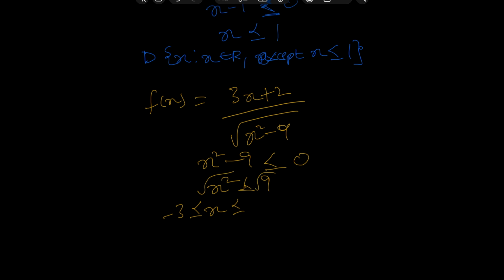So after finding square root of both sides, plus or minus 3. So that the domain will be x such that x is a member of all real numbers except negative 3 less than or equal to x less than or equal to 3. As simple as that. You can solve the last question on your own.